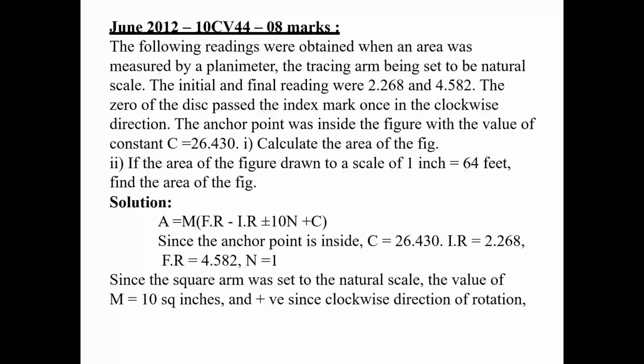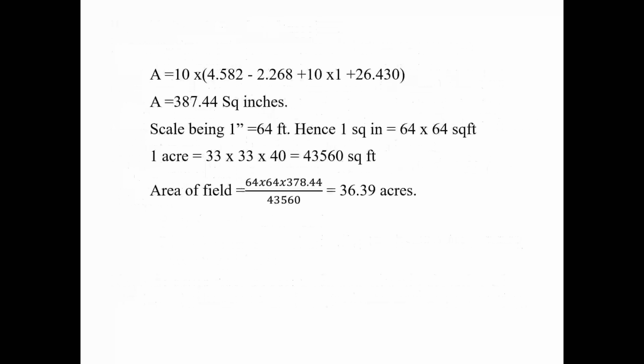Since the tracing arm was set to a normal scale, the value of M equals 10. Then substitute those values: area equals 10 into 4.582 minus 2.268 plus 10 into 1 plus 26.430. That area will be in square inches.